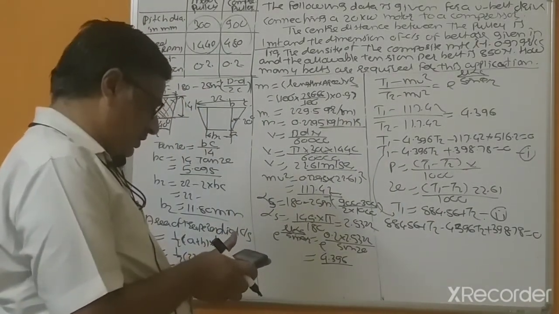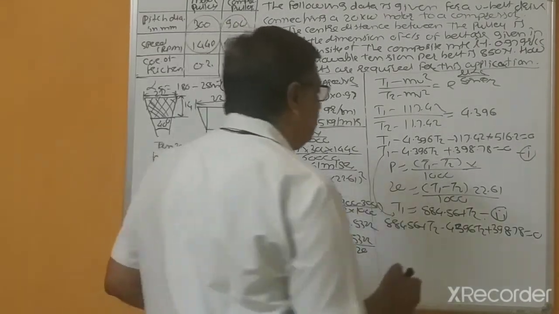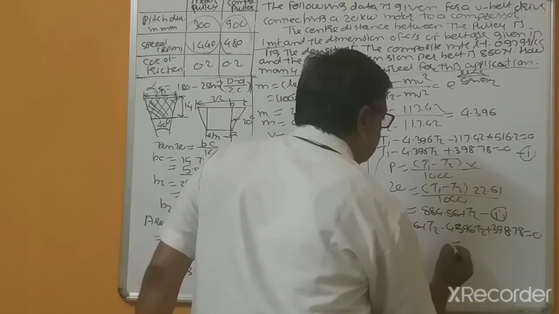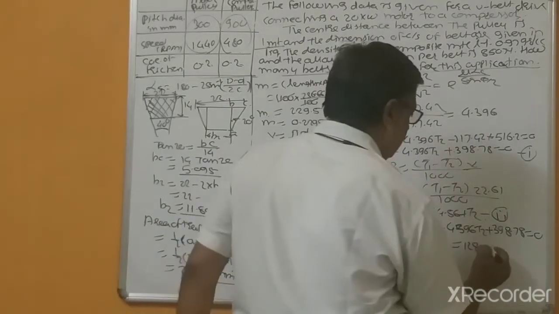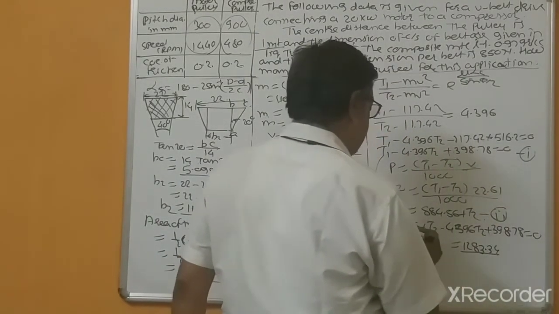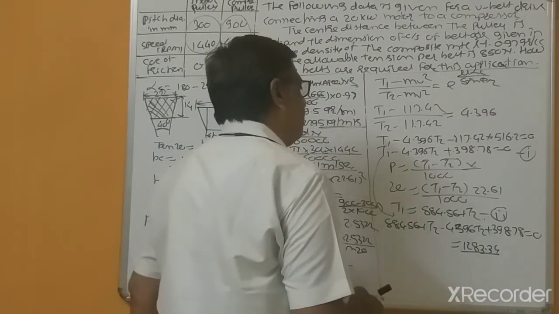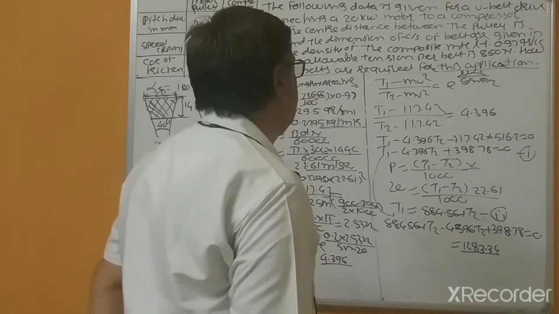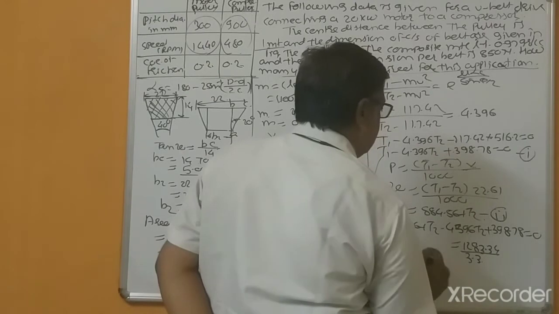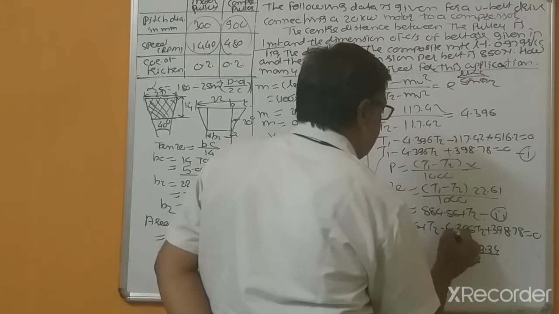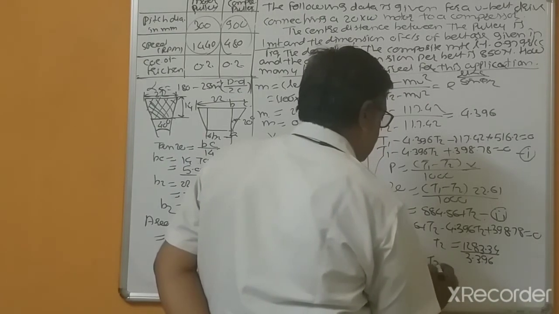884.56 plus 398.78 equal to 1283.34, divided by 3.396, because this is 4.396 minus 1, equal to T2.